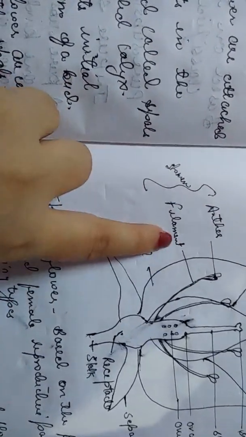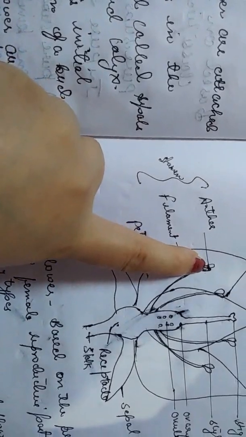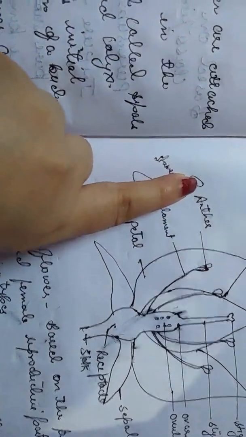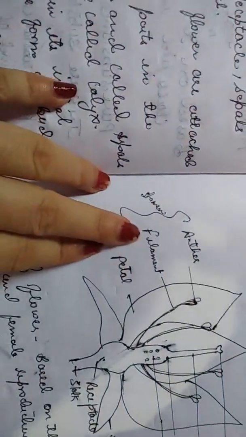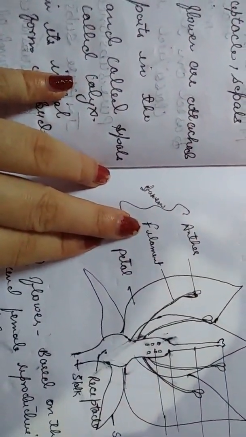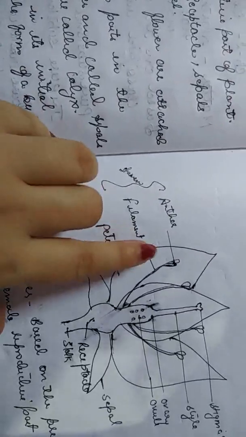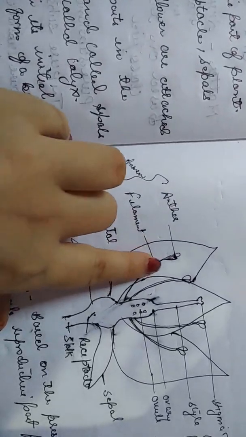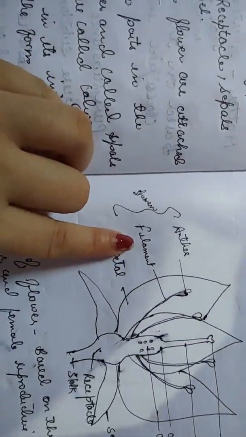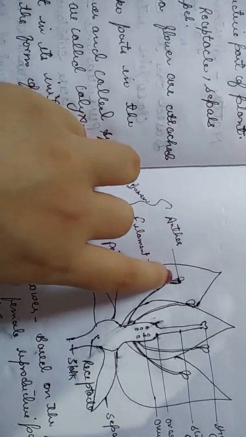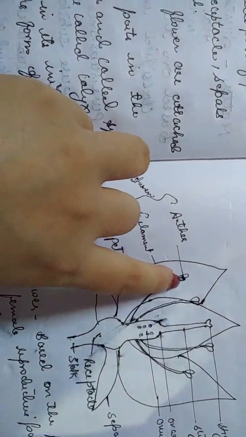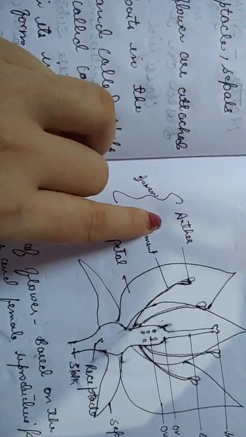This part is filaments and this two loop-like structure is known as anther. The stalk of stamen is known as filaments, and the swollen top of stamen is called anther.